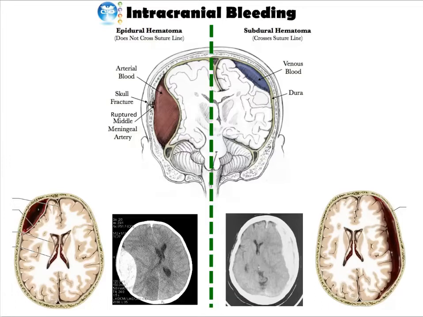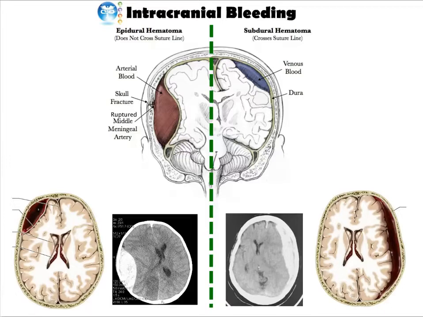A second type of intracranial bleed is a subdural hematoma, which is the accumulation of venous blood in the subdural space. This can result from disruption of either the superior cerebral or the bridging veins. Shaken baby syndrome is an unfortunate but common cause of subdural hematomas in young children. Anatomically speaking, subdural hematomas take on a crescent-shaped appearance when viewed in axial cross-section.